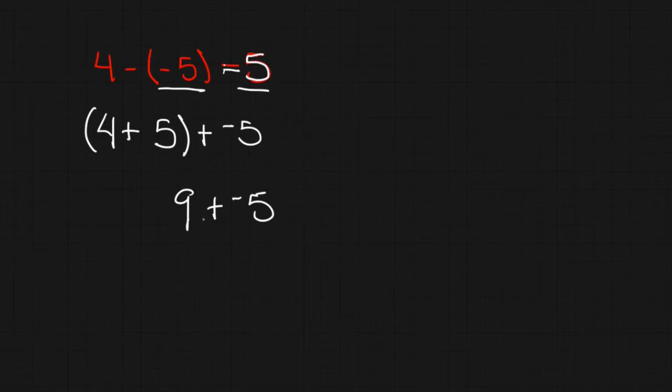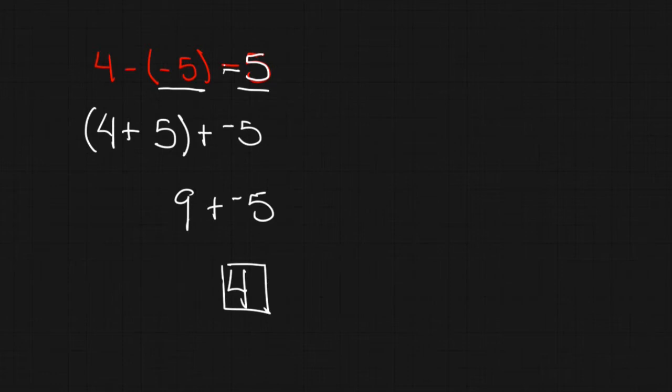And I'm going to think about the absolute value again. 9 has a greater value than negative 5, so the answer will be positive. There's more positive numbers than there are negative numbers. So the answer will be positive, and the difference between these two is 4. The answer is positive 4. Generally, we do not write the positive symbol next to numbers that are positive. It's just assumed that they are positive.